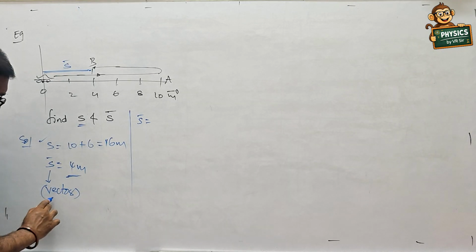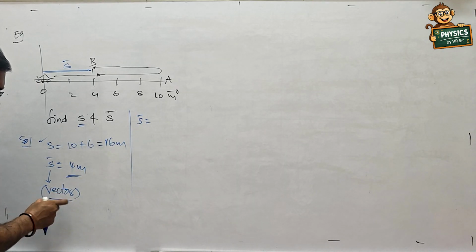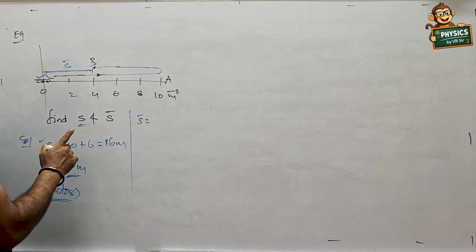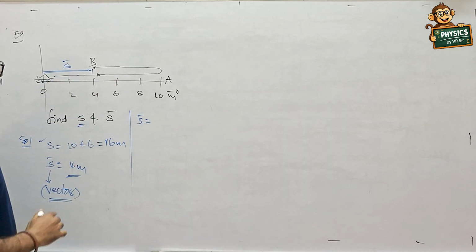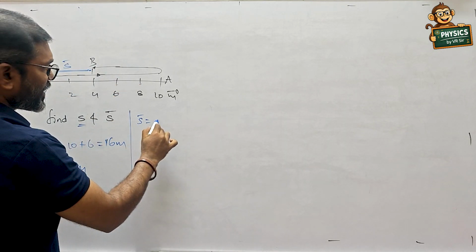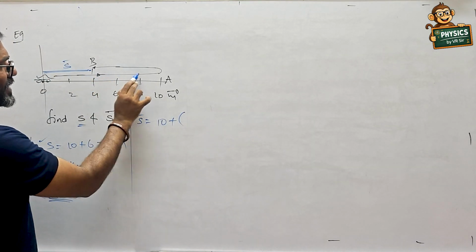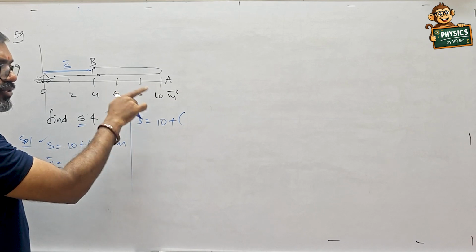And how does this nature, being a vector, influence the total value in calculating? Look at here. Suppose you are adding all lengths, from O it has moved 10 meters plus. Now along this direction, I told you displacement is a vector, it should include direction.